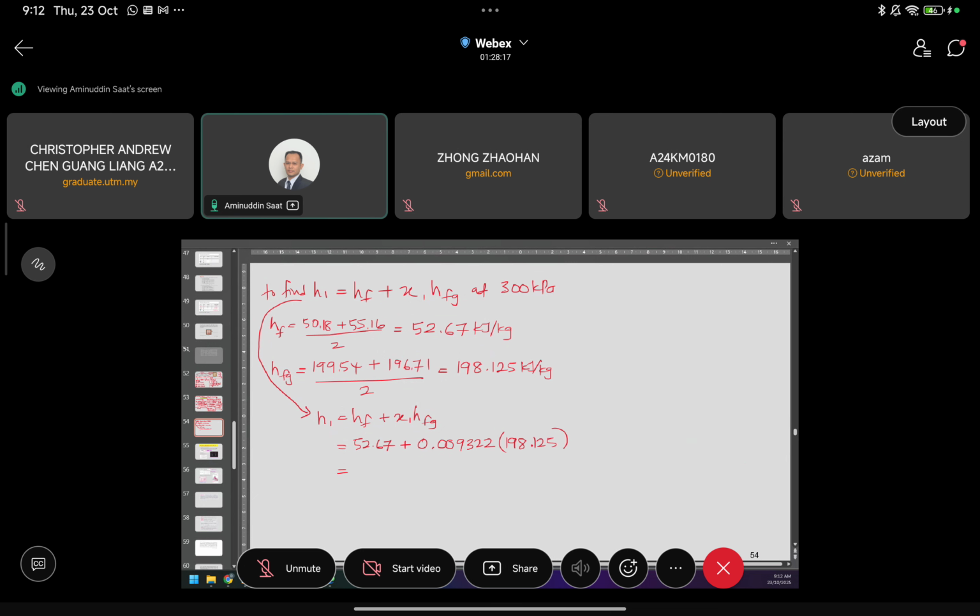So if you calculate 198.125 multiplied by 0.09322 plus 52.67, it is 54.52 kilojoule per kilogram, making it 2 decimal points.